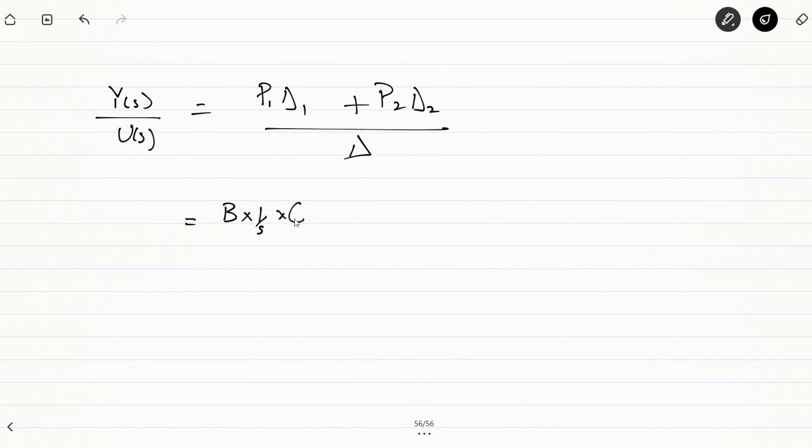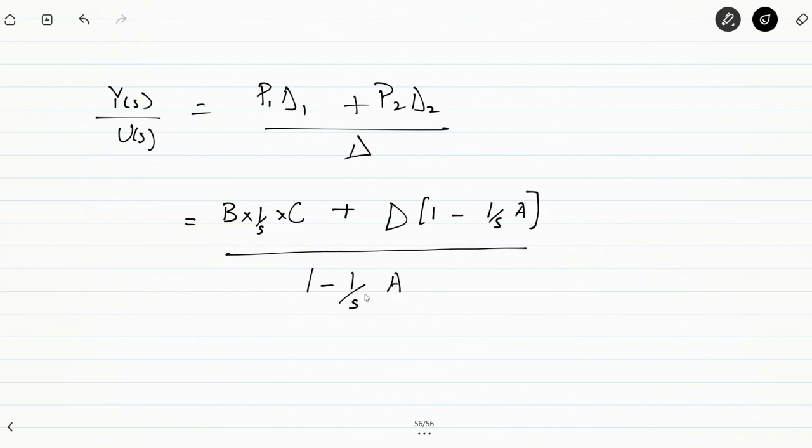Let's keep it like this for a while. Into delta 1 is actually 1, plus p2 delta 2, and p2 is d, and delta 2 is 1 minus 1 by s times a, divided by delta, that's 1 minus 1 by s times a.